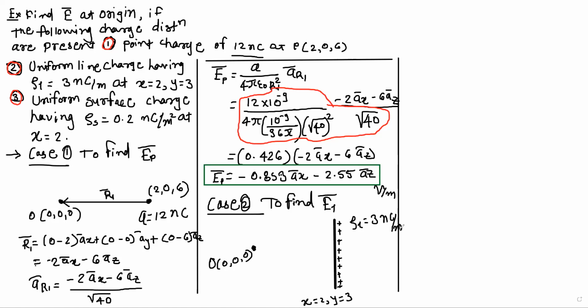Now, our task is to find the electric field intensity at origin because of this line charge. So let me draw the vector which has to be perpendicular to that line, right? So you are just extending a perpendicular on that line. So this is going to be a vector.